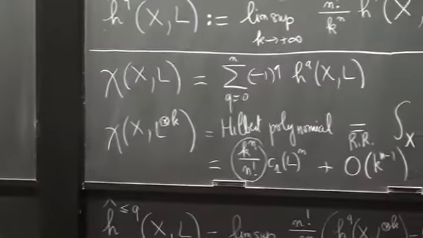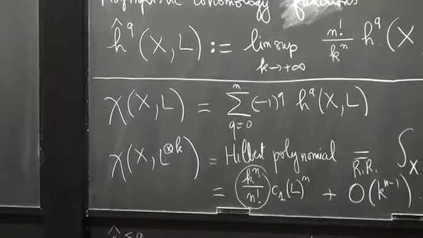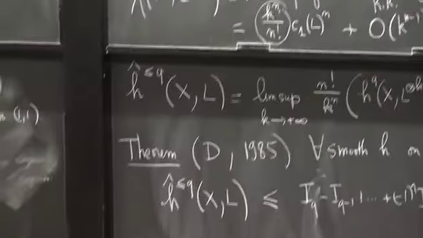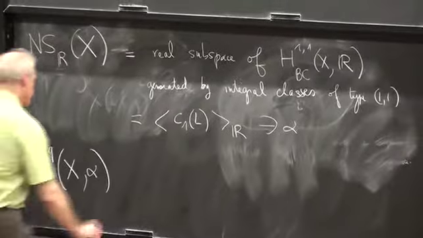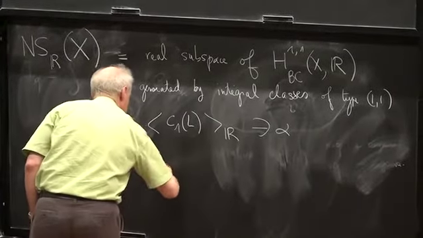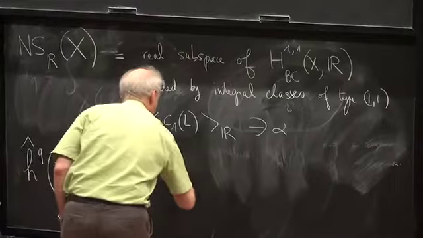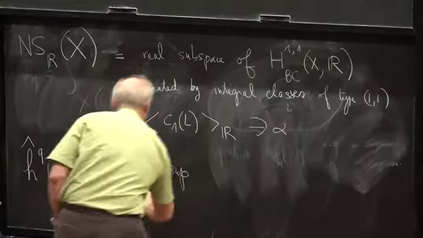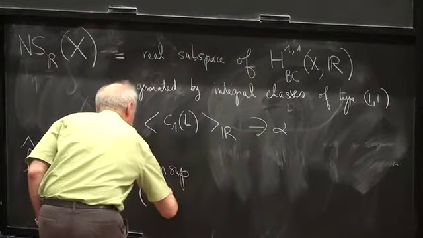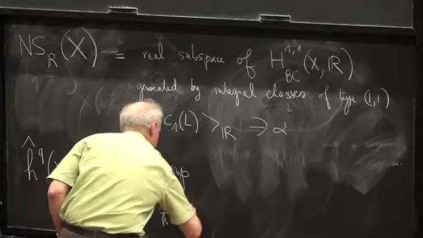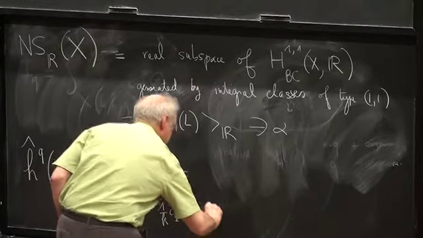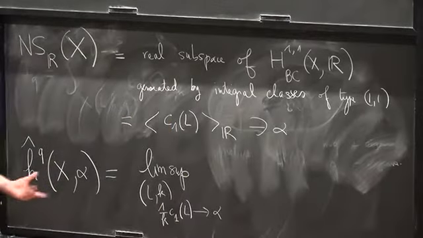Well, you can do this: h^q hat of X, alpha. You are going to take the lim sup over all pairs L, k in such a way that 1 over k c_1 of L converges to alpha.